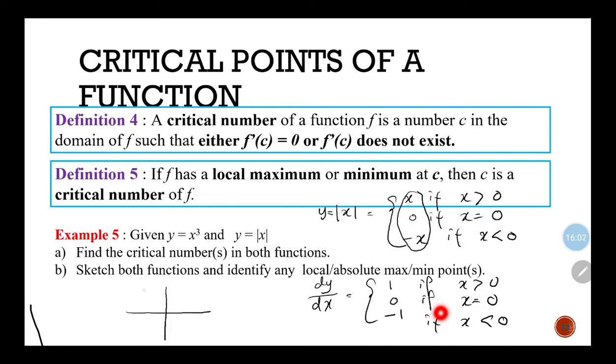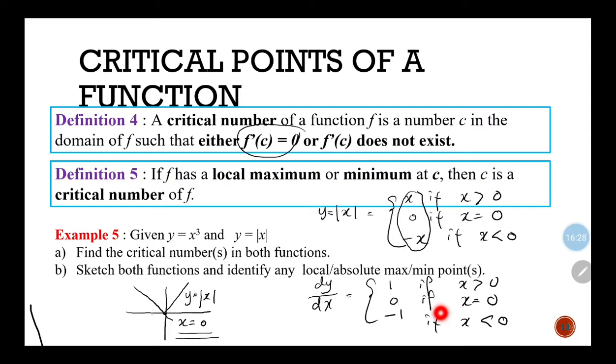Now we want to sketch the function y equals modulus x. When x equals 0, f prime becomes 0, right? So the critical number is when x equals 0.